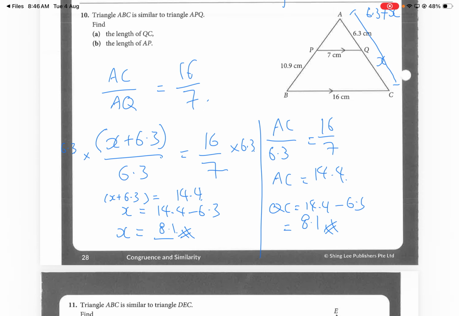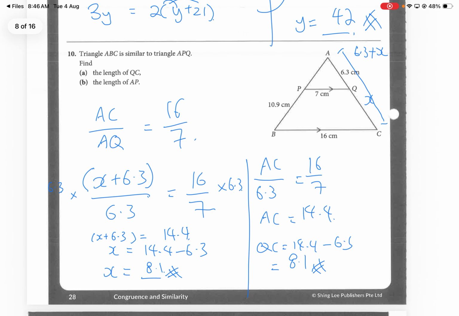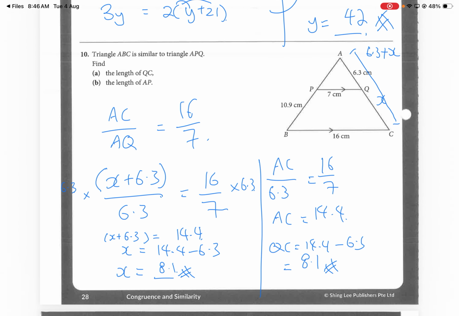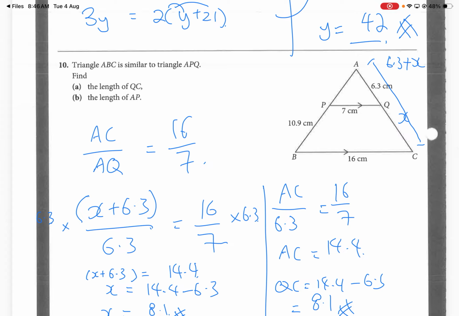Okay? Not a lot of space here. Part B. Now I want to find AP. AP is here. Okay? So just now I used X already. My AP, I can call it Y. Another different unknown. Just to give it a name so that I can work with it.